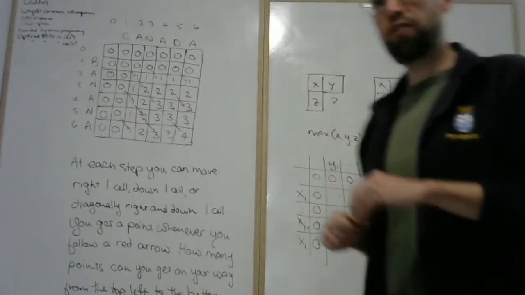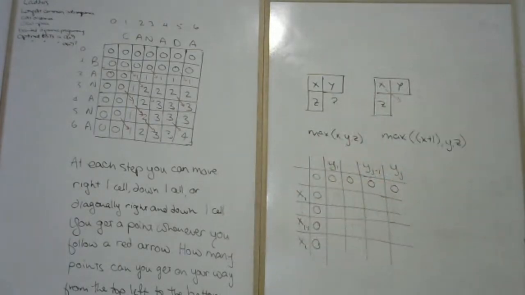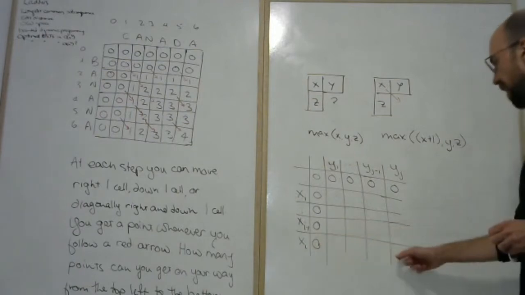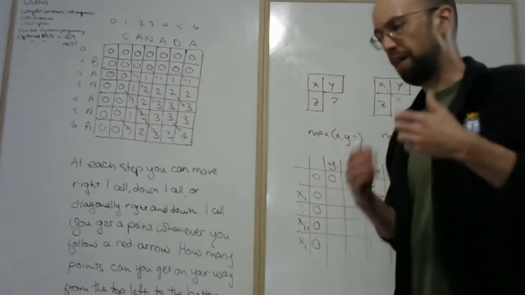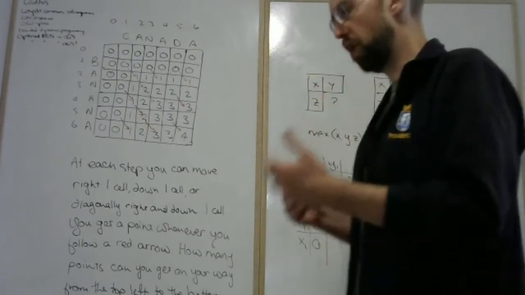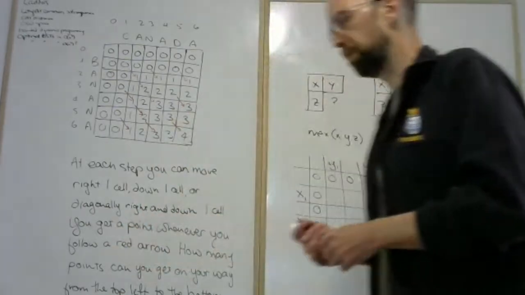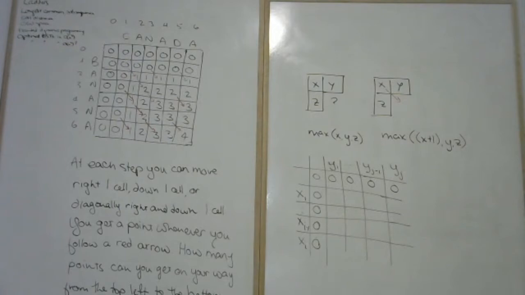So let's suppose that you've filled in all the rest of this, and now you want the length of the longest common subsequence of x1 to xi and y1 to yj. Well, how do you get that?